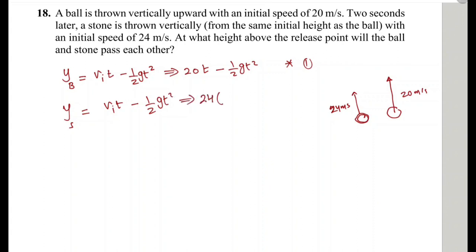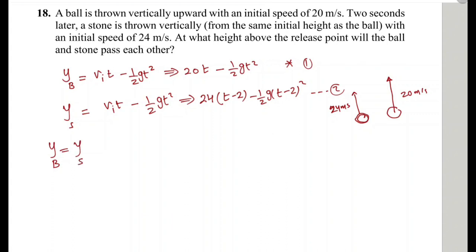Now t in this case is t minus 2, because after 2 seconds the stone starts to move. So 24 times (t minus 2) minus half g (t minus 2) square, and this is equation number 2. Y for the ball equals y for the stone.